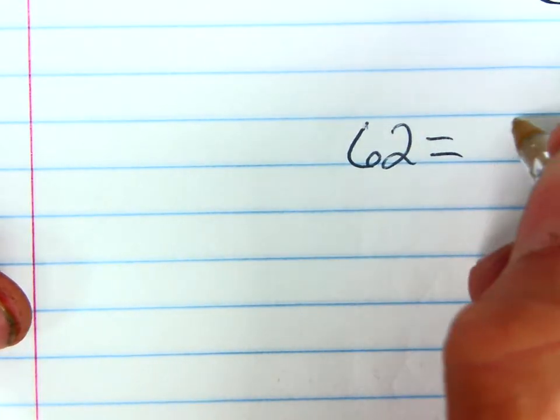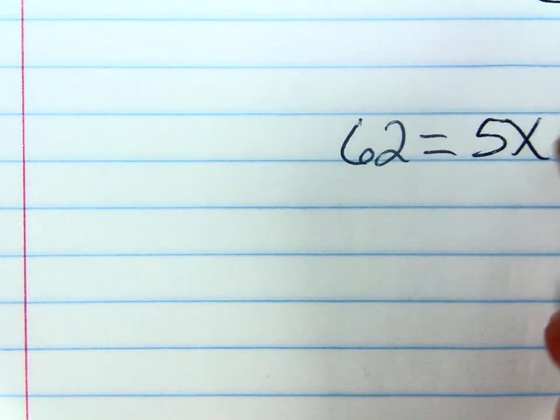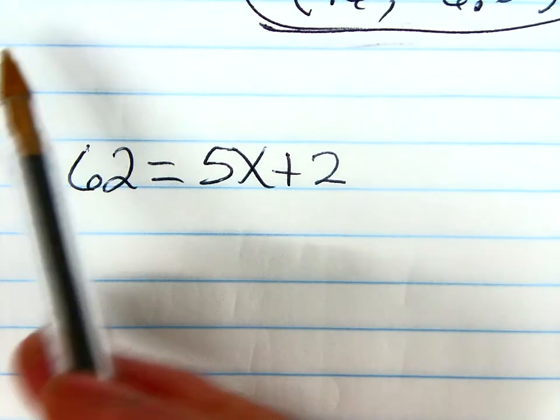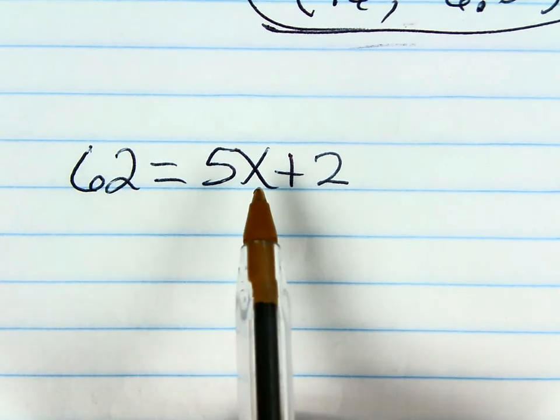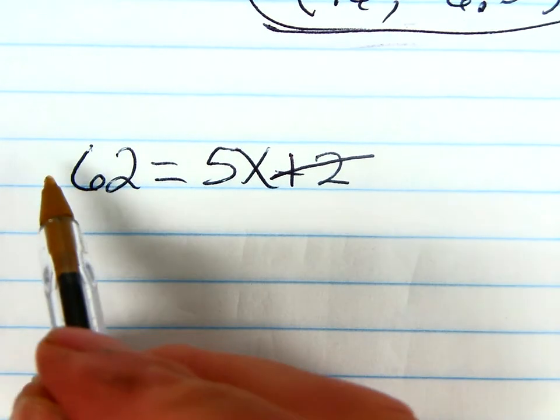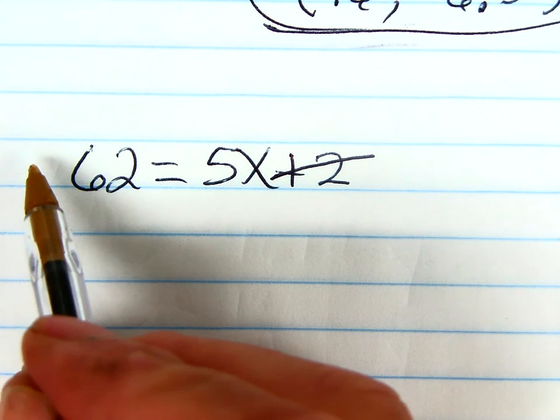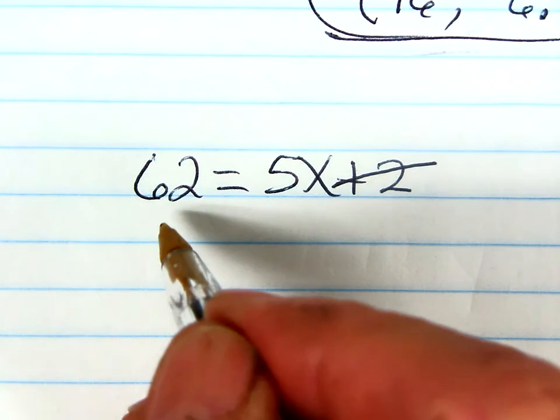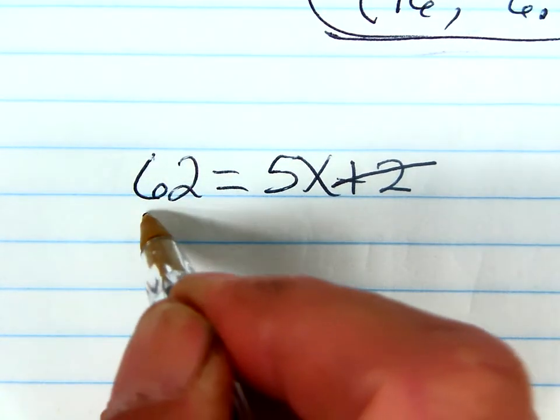62 equals 5x plus 2. All the x's are already on the same side. Move everything else. What am I going to write over here? Minus 2, minus 2.